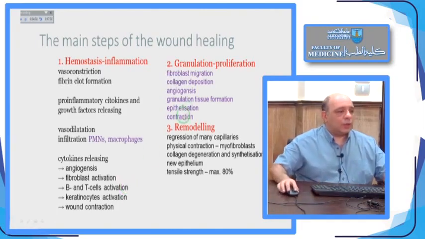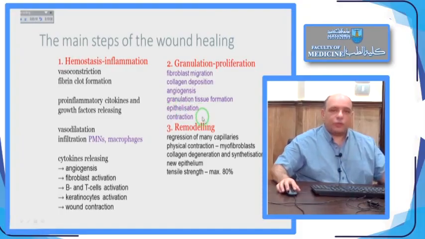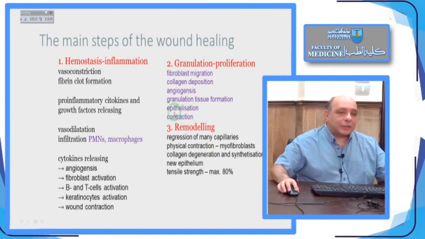And here we are forming the proliferative phase, the second stage, the granulation proliferative phase. Here we have fibroblast migration, collagen deposition, neoangiogenesis, granulation tissue formation, followed by epithelialization, covering this granulation tissue with epithelium, or the epithelial layer of the skin, followed by contraction.